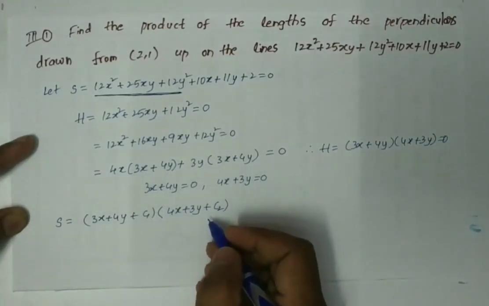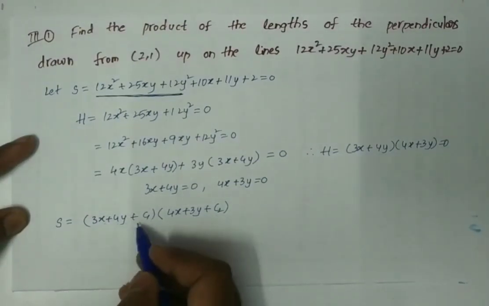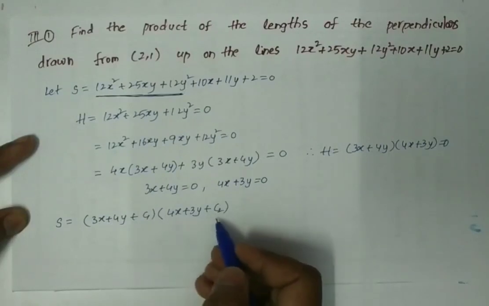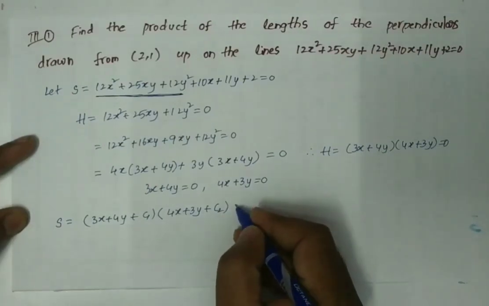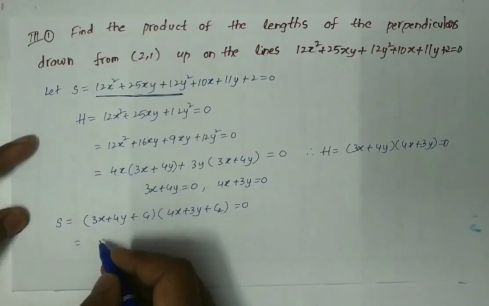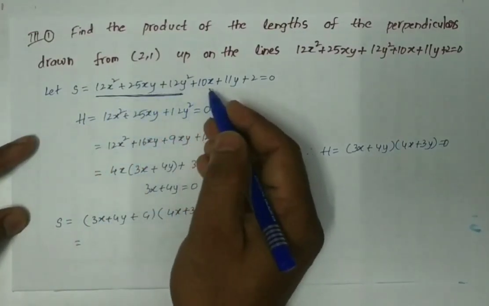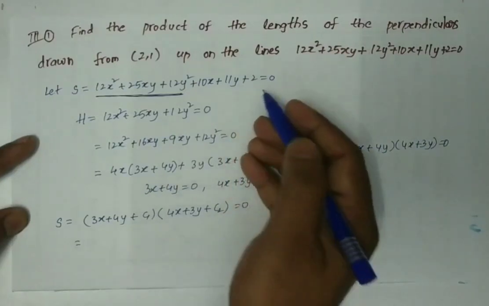Okay, so in this case S can be written as the product of 3x plus 4y plus c1 and 4x plus 3y plus c2. So now we want to find c1 and c2. So here S is 12x square plus 25xy plus 12y square plus 10x plus 11y plus 2 is equal to 0.